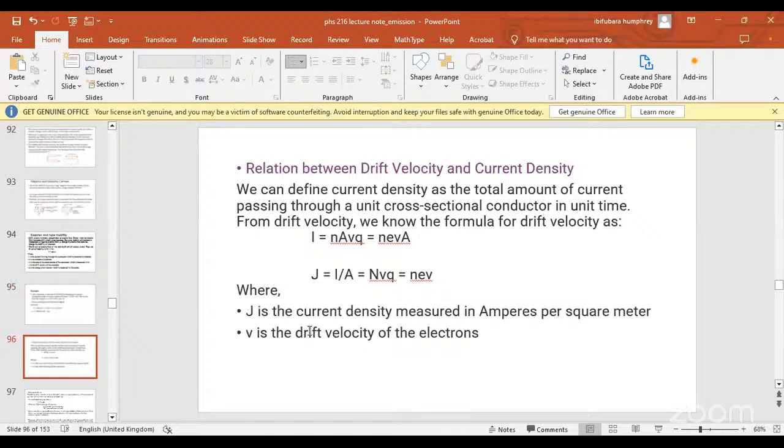And we also talked about the relationship between drift velocity and current density. Current density is J. We first came across current density under the Richardson-Dushman equation. So current density is directly proportional to the current. J is I over A. And we know that I is equal to NEVA. So if we substitute the expression NEVA for I, we have NEV.